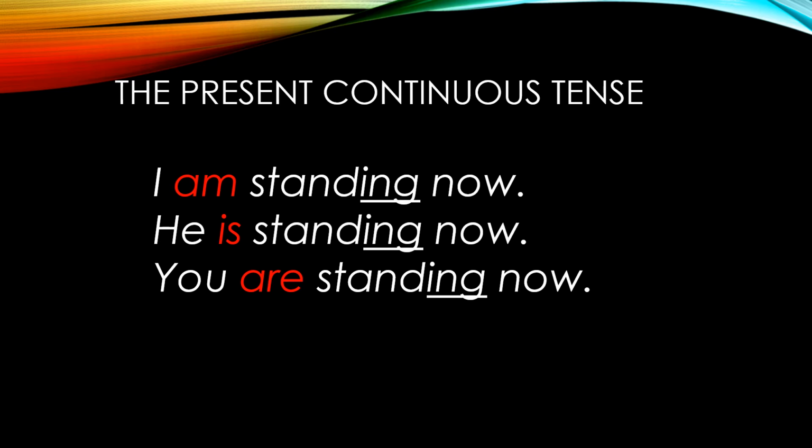We added ing to the verb stand, and before the verb, we added am, is, or are. Am when we use I, is when we use he, she, it, or a singular noun or name, and are if we are using you, we, they, or a plural word.